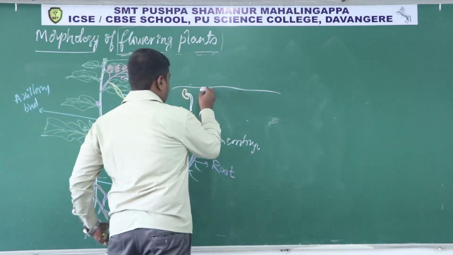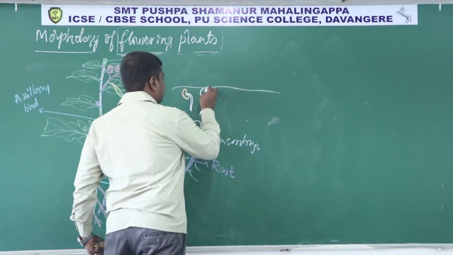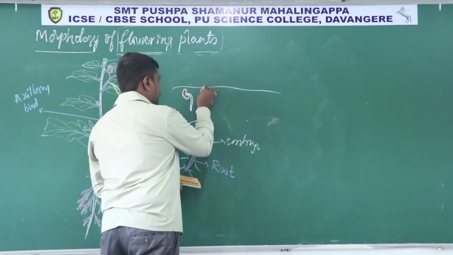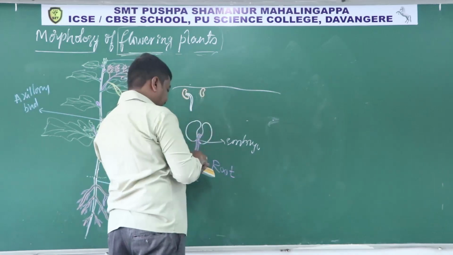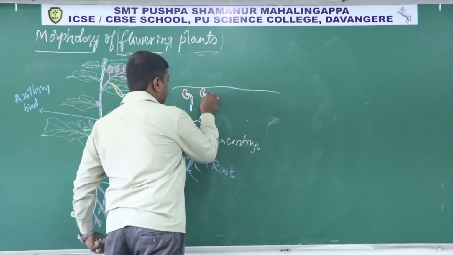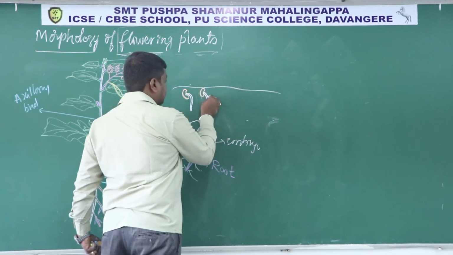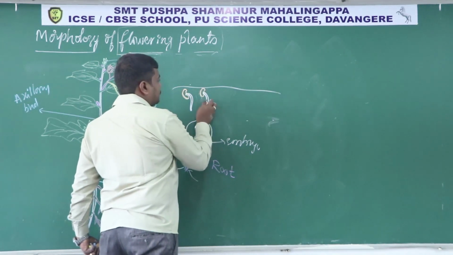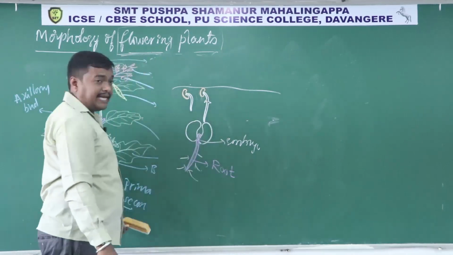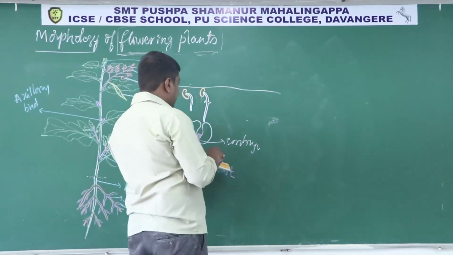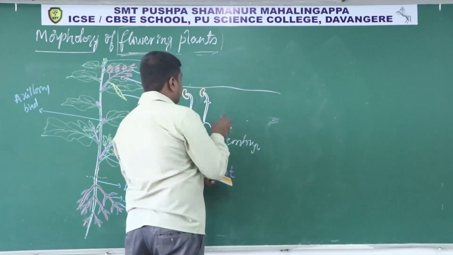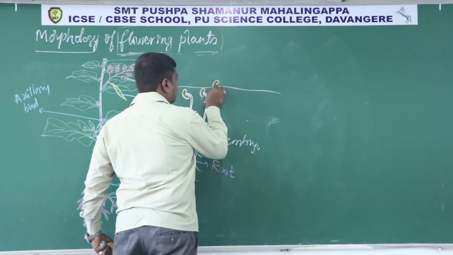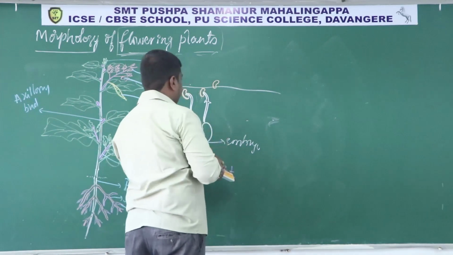In the next stage, these are the different stages you can observe during the germination process. Then it starts to produce some small branches. At this stage this part came out of the soil.